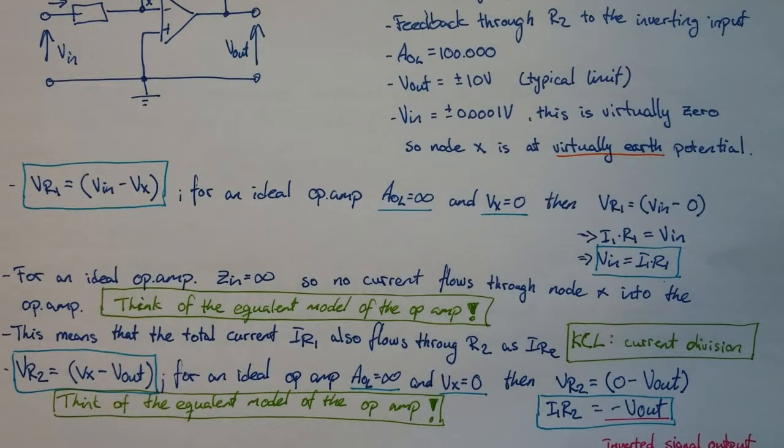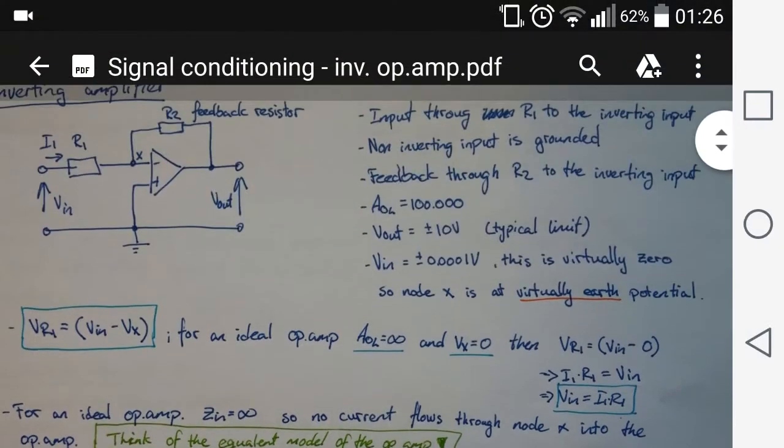You should think of the equivalent model of the operational amplifier. This means that the total current through the resistor R1 also flows through resistor R2 as IR2. Think of Kirchhoff's current law for current division.